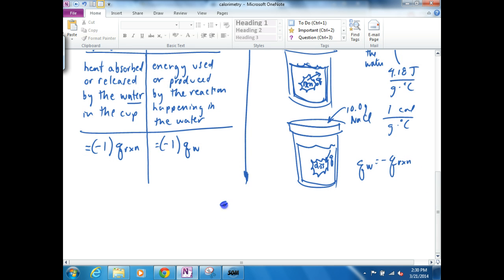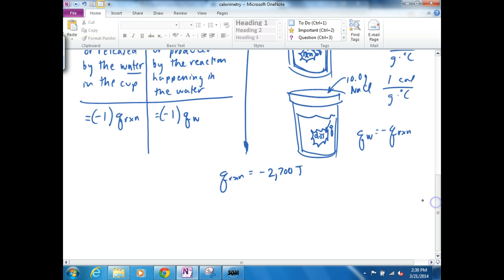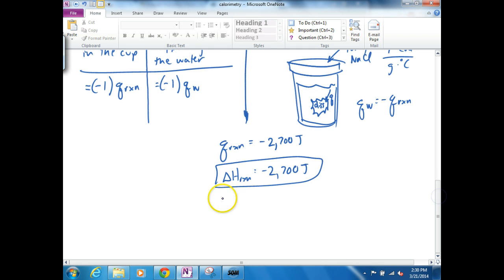Typically, let's say Q for the reaction was negative 2,700 joules. Now, we typically wouldn't say that delta H for the reaction is negative 2,700 joules. And I know I'm probably confusing you at this point, but here's why. Delta H for the reaction is typically written for an actual balanced chemical equation.